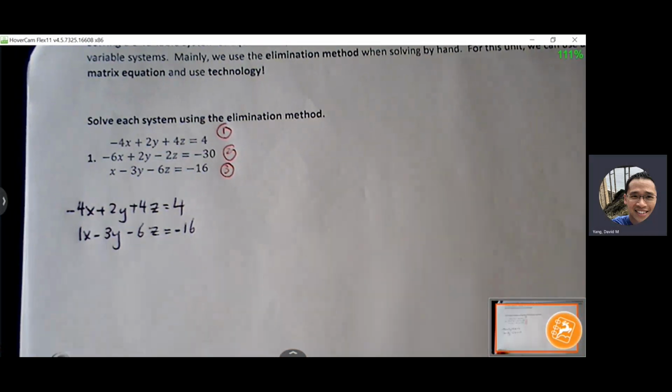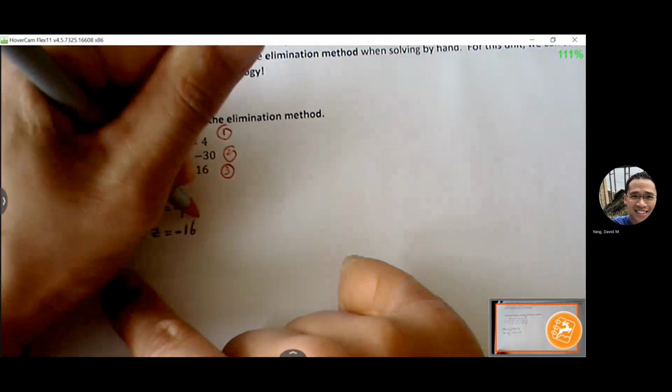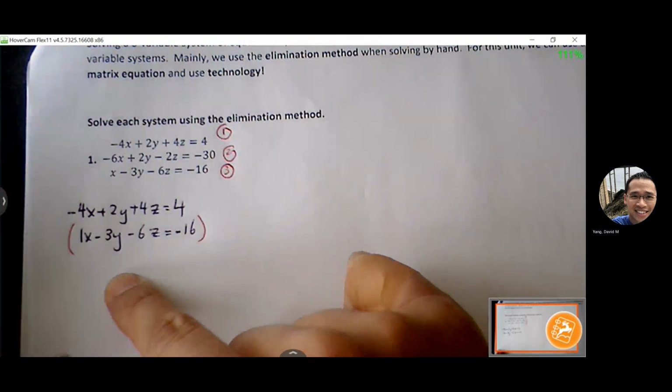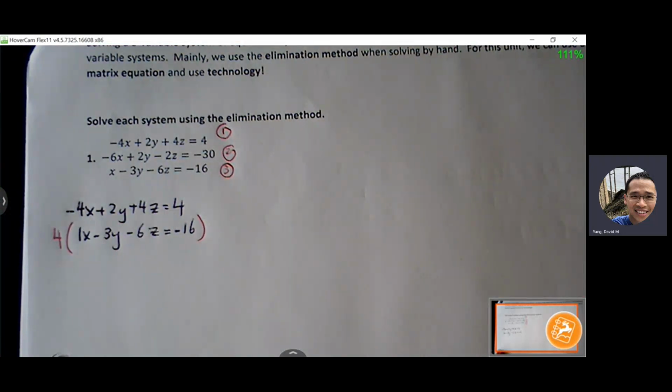Okay, so I'm going to target the x's. What can I multiply the bottom by to get those x's to the opposite? Yep. So if I multiply by 4, I can get the negative 4x and 4x to go away.